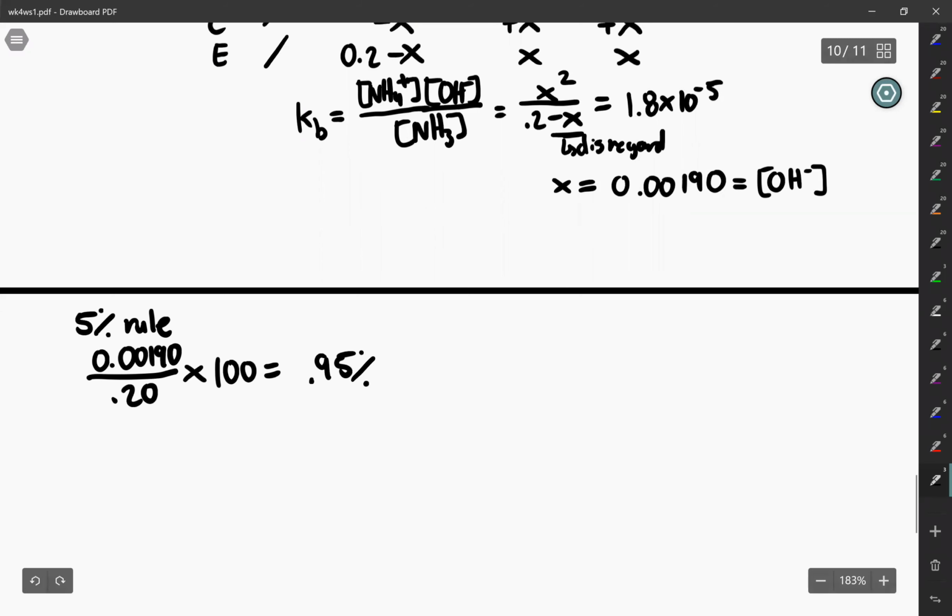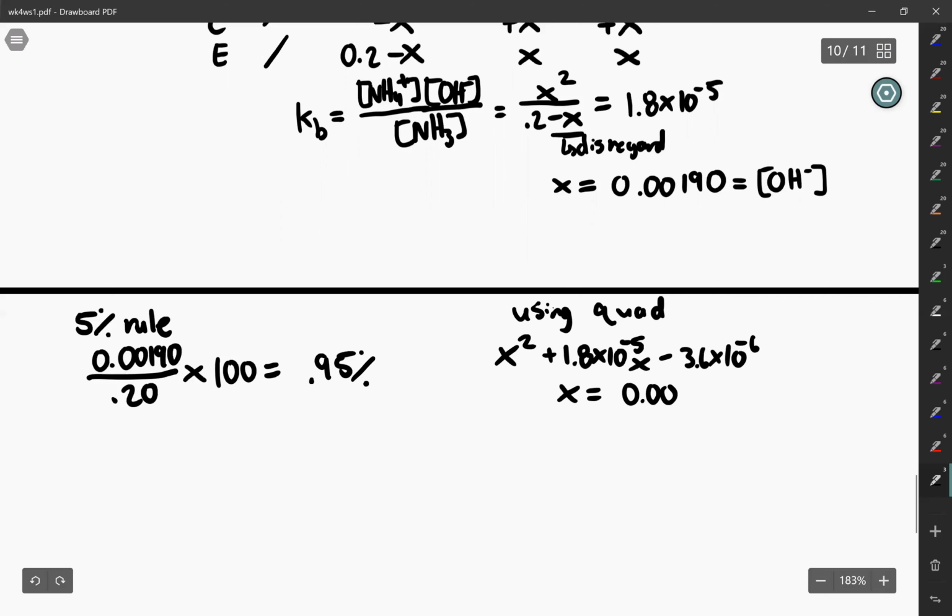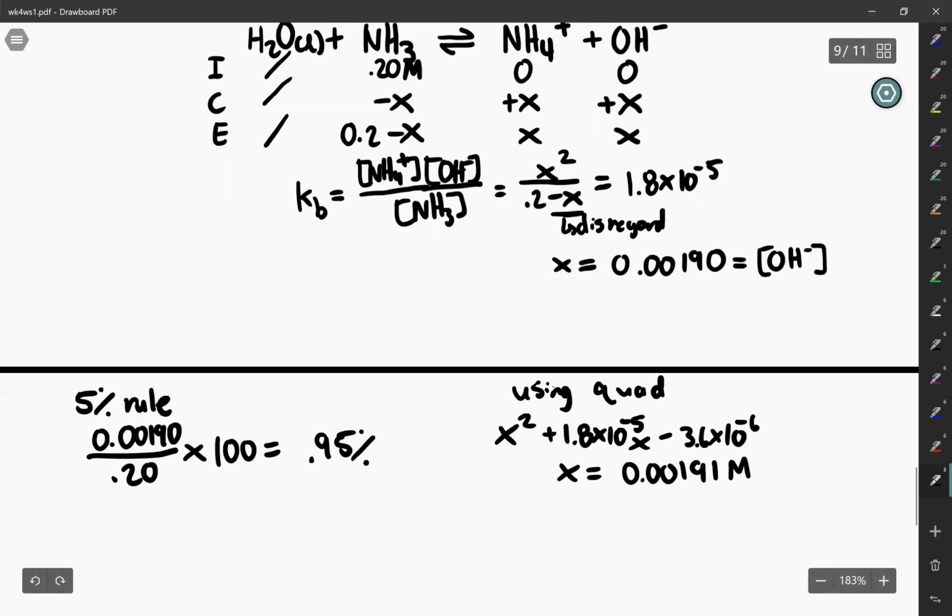If you want to use the quadratic formula, we'll end up with an equation that looks like this. This is without disregarding the x. So for this equation, our x is equal to 0.00191, which is not significantly different from when we disregarded x.